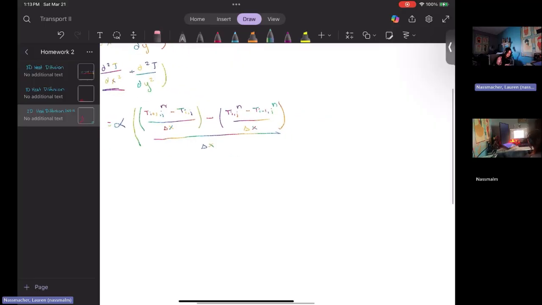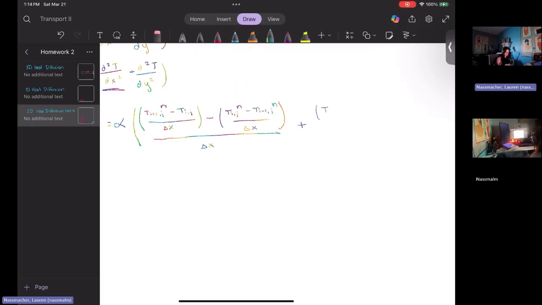Now you want to add this to the second derivative of temperature over your change in position y. So that's going to use the same exact concept here, and you're simply going to apply it to your j and use your change in y instead of your change in x.